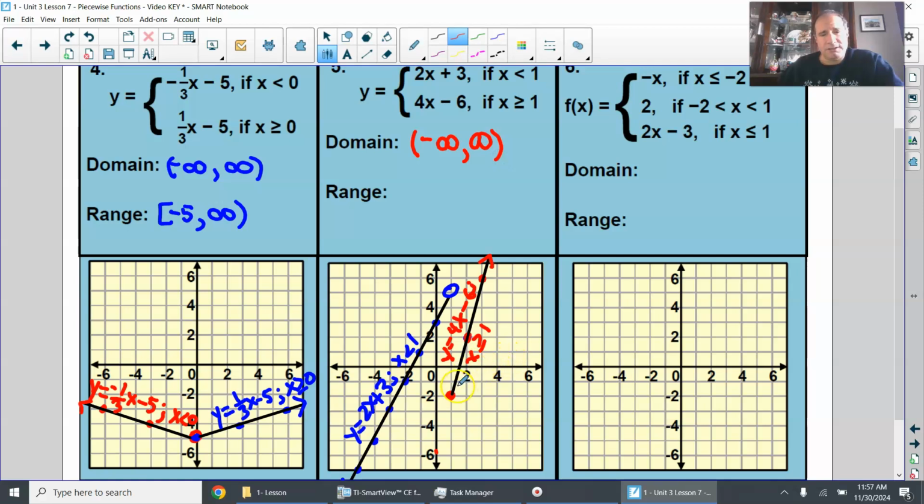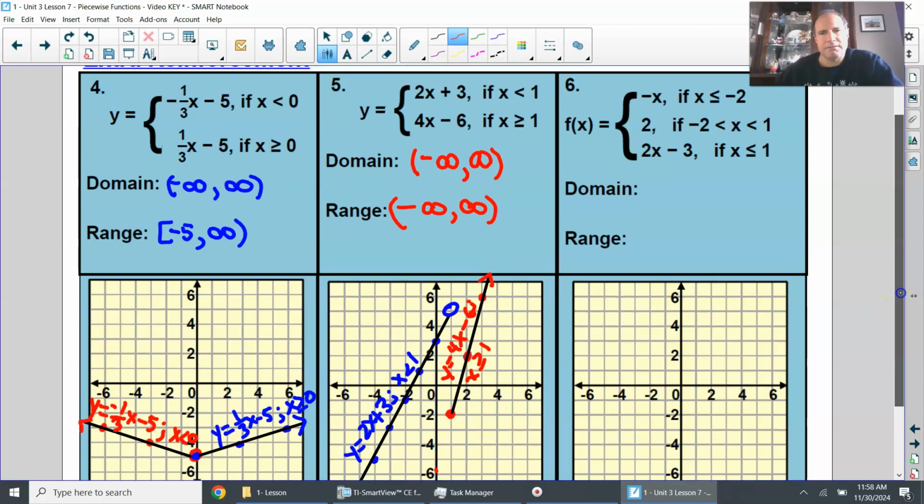The range itself, remember, the range is just the y's. So it goes down forever, and it goes up forever, and it includes every single number, because this is an open circle. So negative infinity, because it goes down forever, and then positive infinity, because it goes up forever. And that is it.